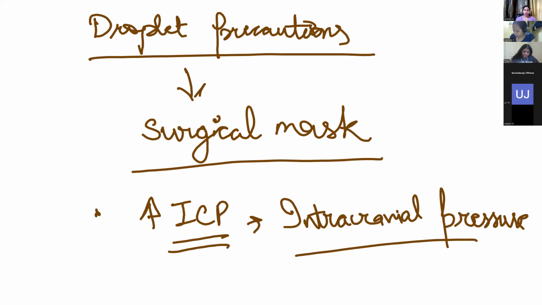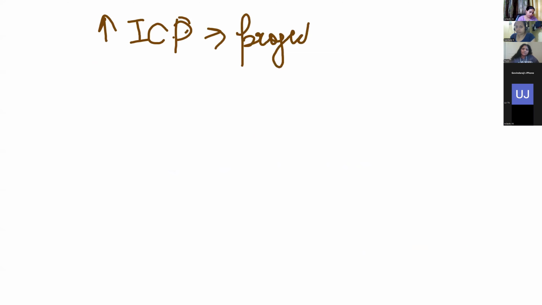Now, one thing happens whenever there is increased ICP. Does anyone have any idea what happens? Edema of the brain. You need to keep this in mind. Whenever there is increased ICP, the vomiting will be projectile.